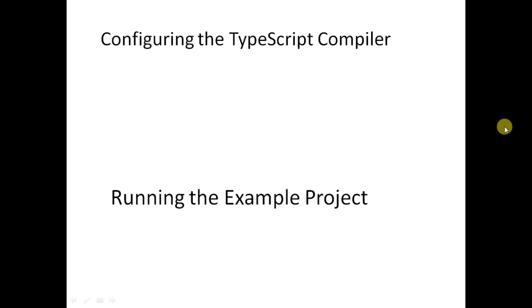I created a file called tsconfig.json in the JavaScript Primer folder and added the configuration. I explain what each configuration setting does later. It is enough to just create the file.